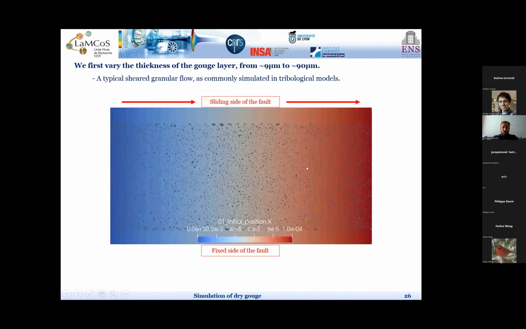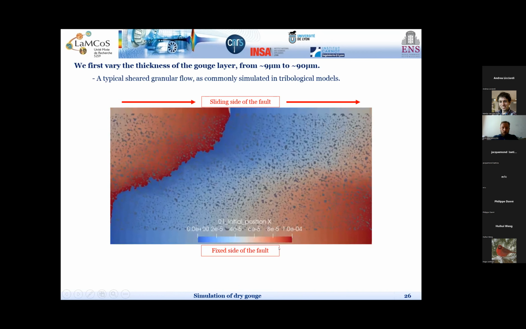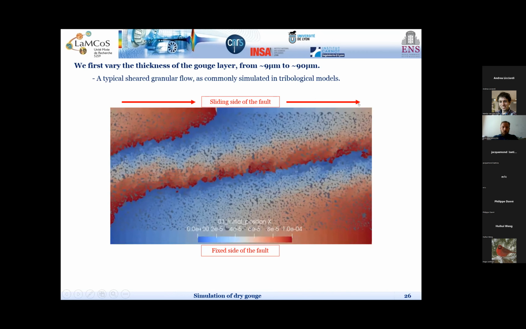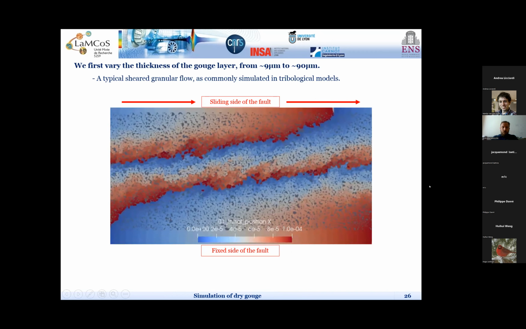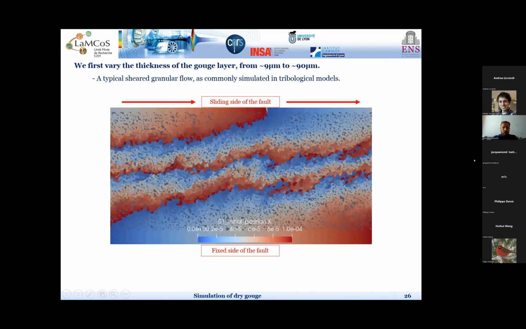So typical simulations look a bit like that. We have one fixed wall, which represents one side of the fault, and a sliding wall above, which represents the other side of the fault. And here we have a few thousand grains, which accommodate the shearing the way they want, actually.